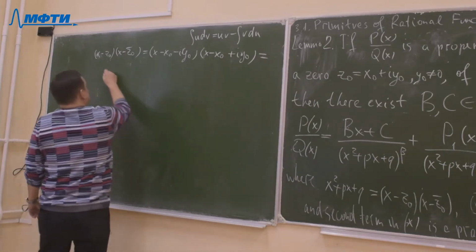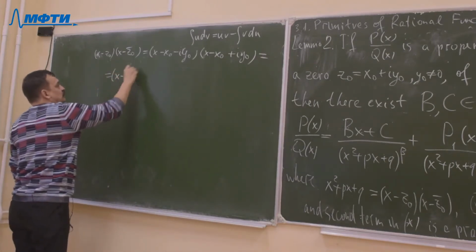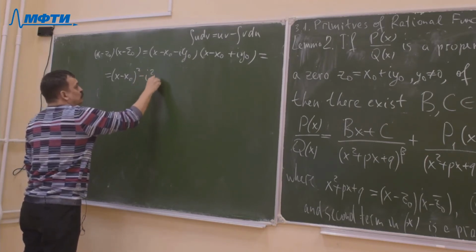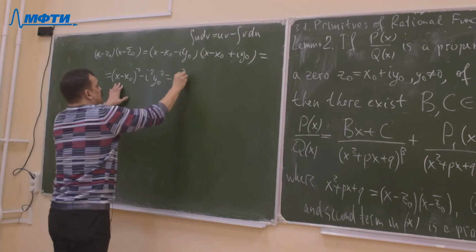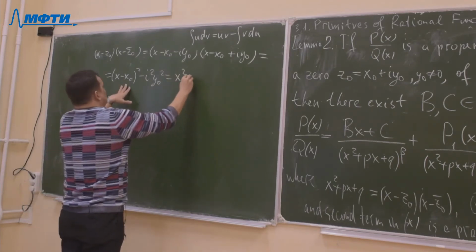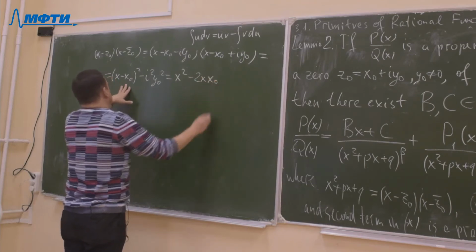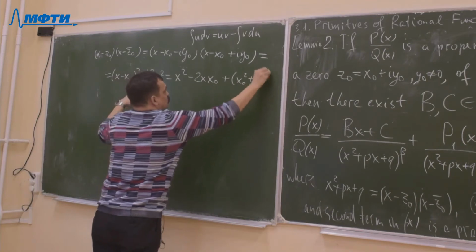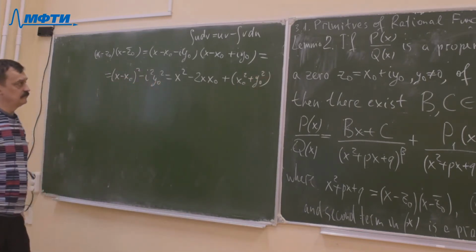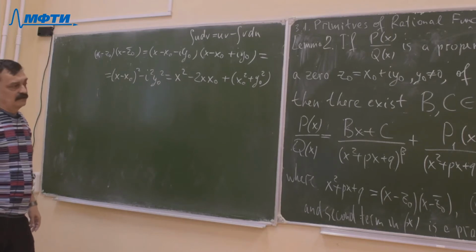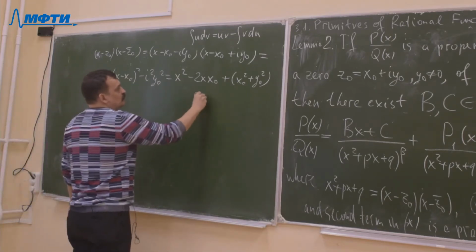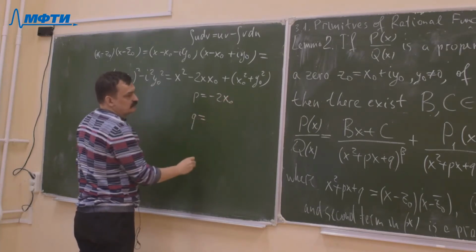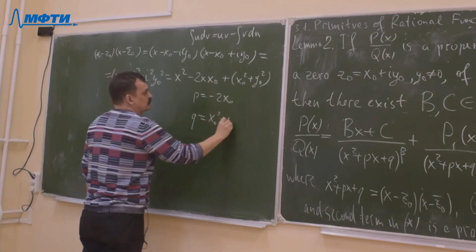Then what is it? That is x minus x naught squared minus i squared y naught squared, or x squared minus 2x x naught plus x naught squared plus y naught squared. So you see p equals minus 2x naught and q equals x naught squared plus y naught squared.